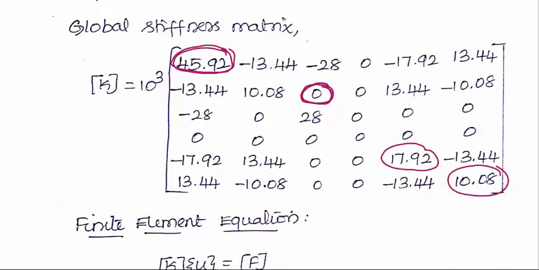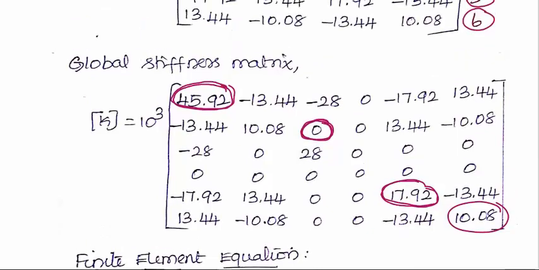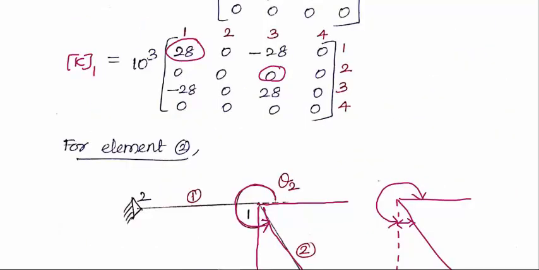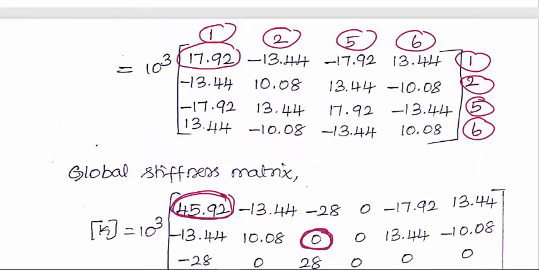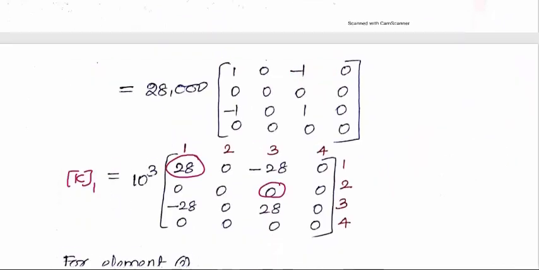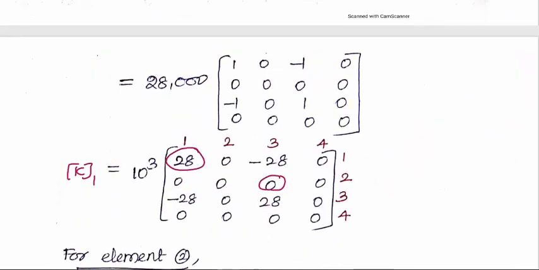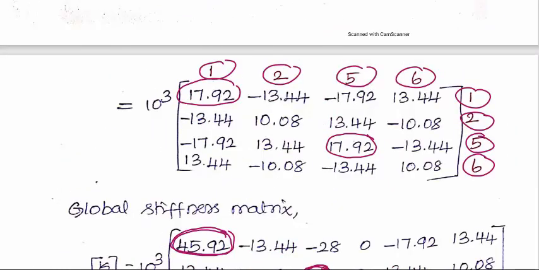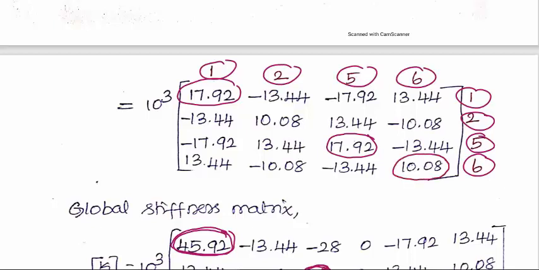Okay. Next consider the 5, 5 element. In the first stiffness matrix, there is no 5, 5 element. In the second stiffness matrix, the 5, 5 element is 17.92. So in the global stiffness matrix also, the 5, 5 element will be 17.92. Next considering the 6, 6 element. In the first stiffness matrix, there is no 6, 6 element. In the second stiffness matrix, the 6, 6 element is 10.08.